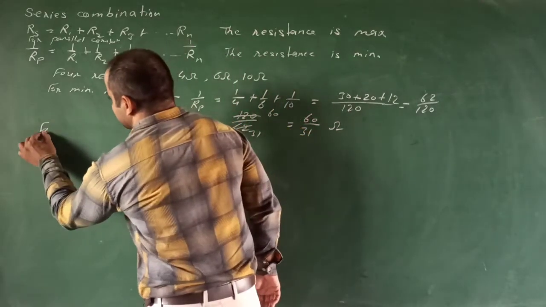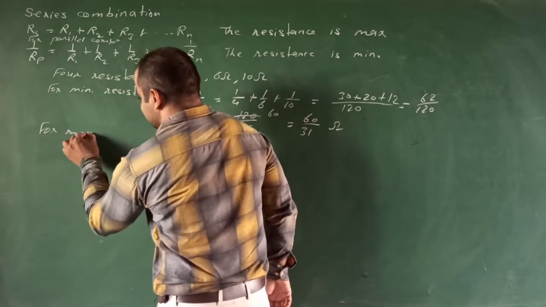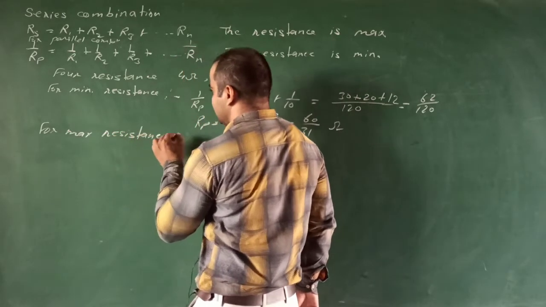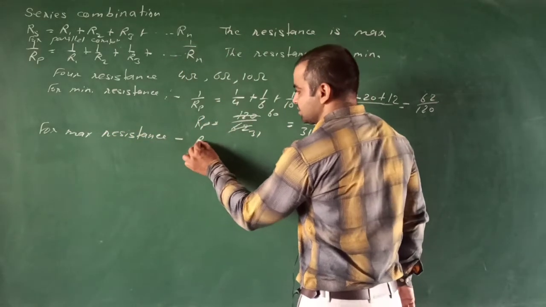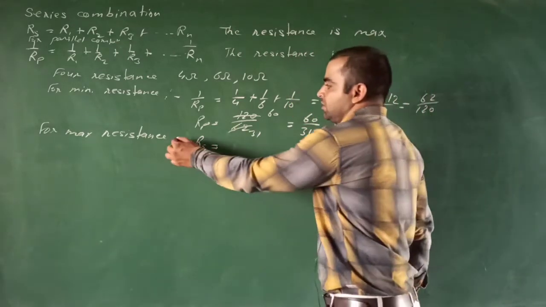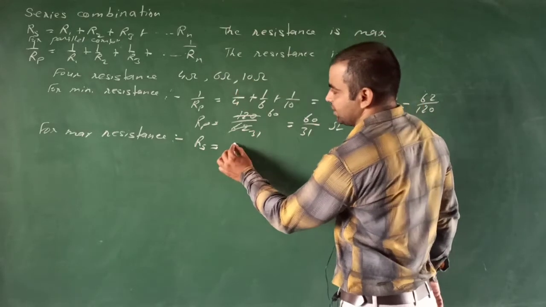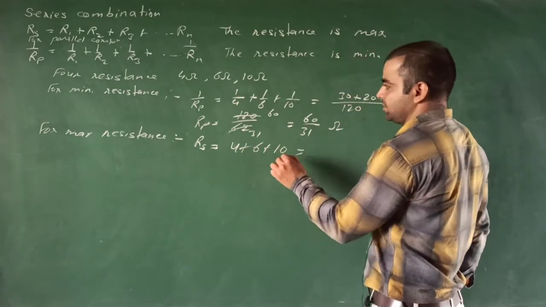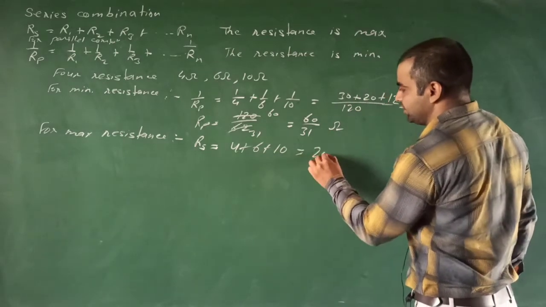Next, for maximum resistance. Maximum resistance is in series, so it will be 4 plus 6 plus 10, which is 20 ohm.